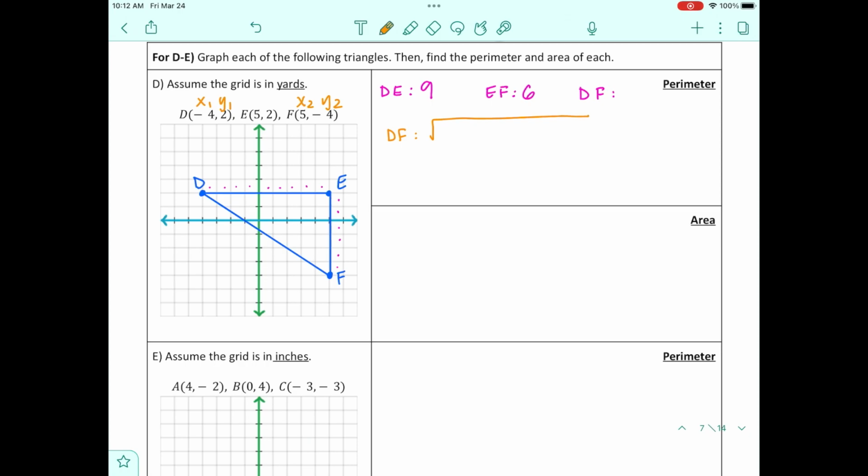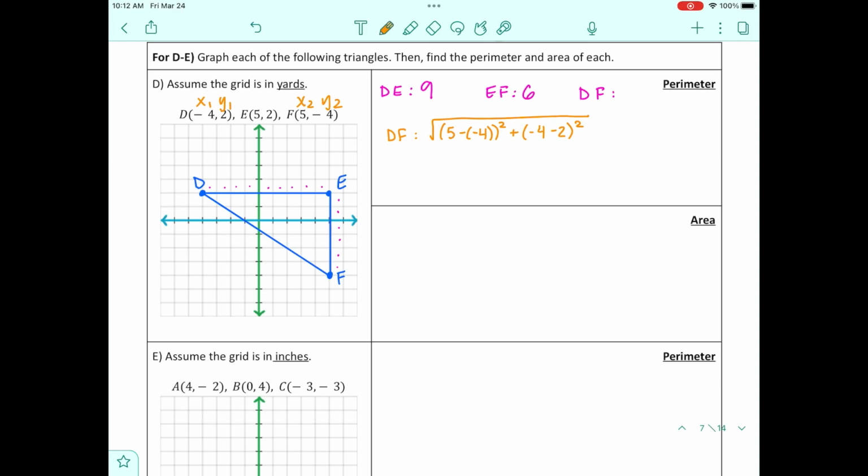The square root of, use the formula above on your page, x2 minus x1, so 5 minus -4, quantity squared, plus parentheses, y2 minus y1, so that would be -4 minus 2, quantity squared.